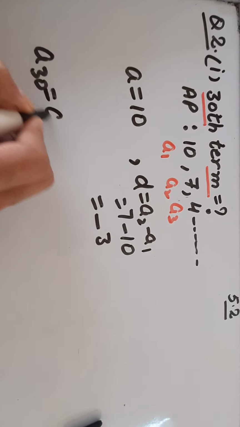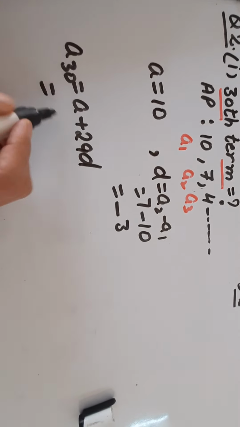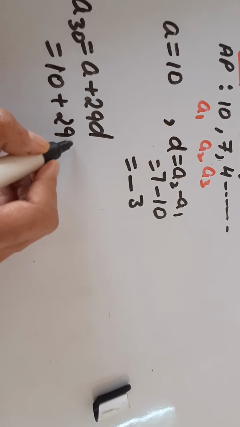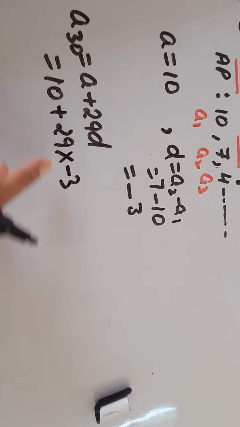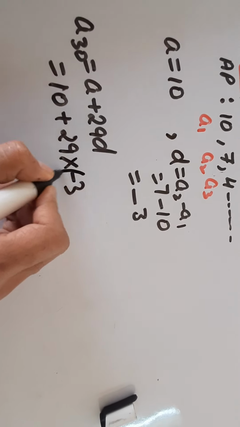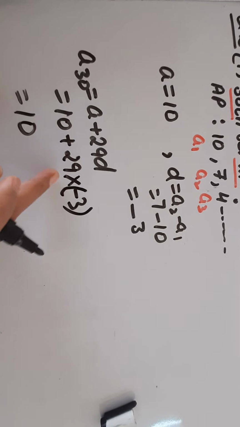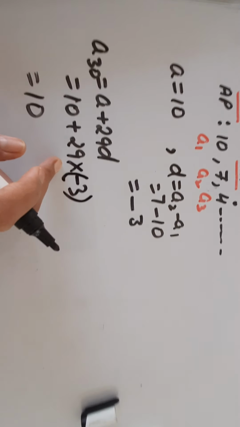Now let us find A30. The formula is a plus 29d. Directly we can use it. So a is 10 plus 29 into d. d is minus 3, but as you know, two signs can't be written together, so we need to put it in a bracket. So now 10, again before addition, multiplication should be done according to BODMAS.